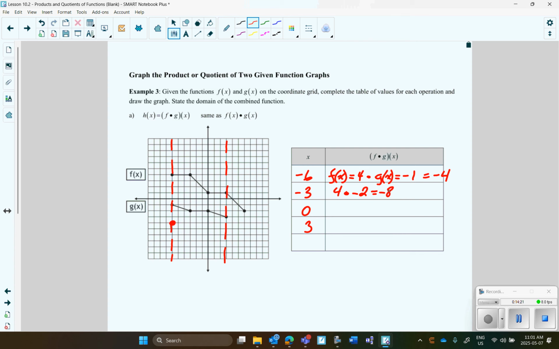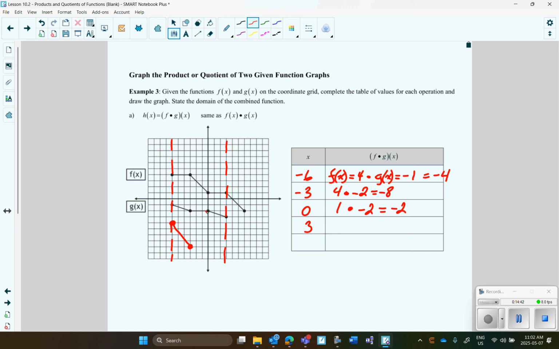So -3, -8. This is what my graph looks like so far. At 0, the y value in this graph is 1 times the y value in the other graph, which is -2, gives me an answer of -2.